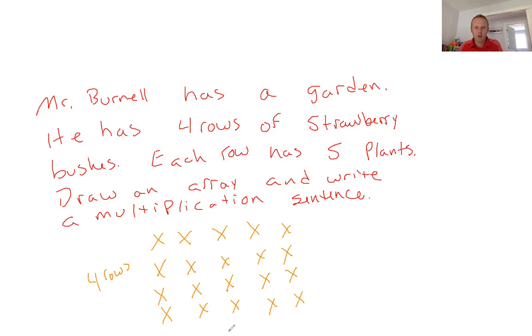So I have 5 in each. Now my multiplication sentence, I start with my number of rows, which is 4, and I multiply by the number in each row, which is 1, 2, 3, 4, 5, and that equals 20 plants.